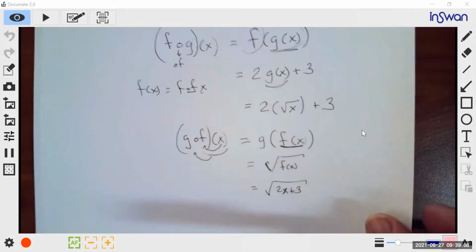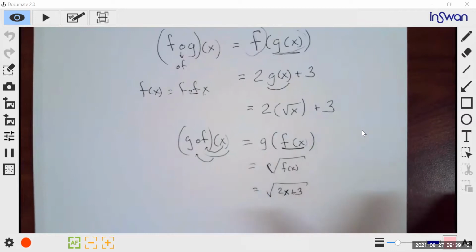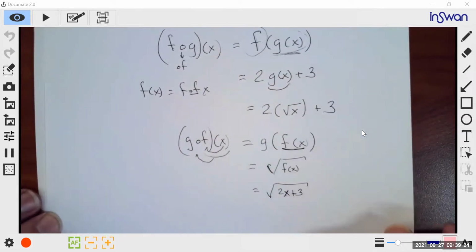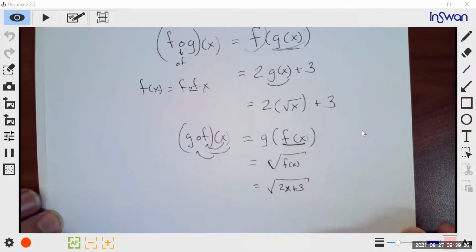Let's look at another one. Let's do another one, a larger one with fractions.